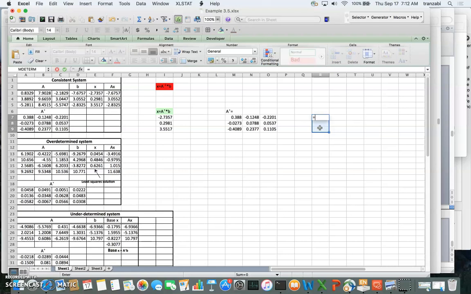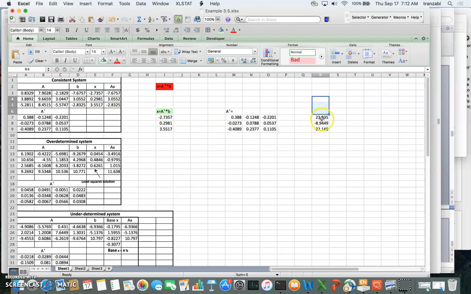So I'm typing equal, and you type sys lin, open parentheses, and then you select the first matrix you want to multiply, and then times the second matrix. Let's say I want to multiply A dagger by B. Okay, so here's B. I close the parentheses. On Mac, you hold down Command, Shift, and Enter together, and then that gives you A dagger times B.